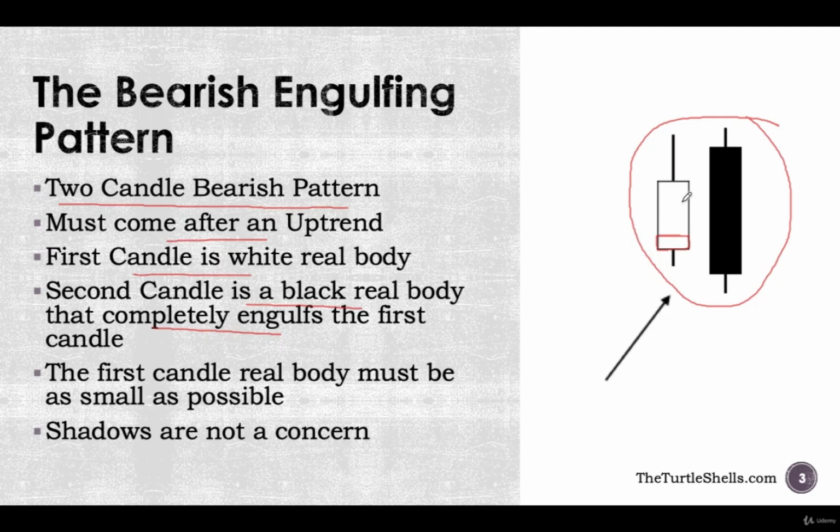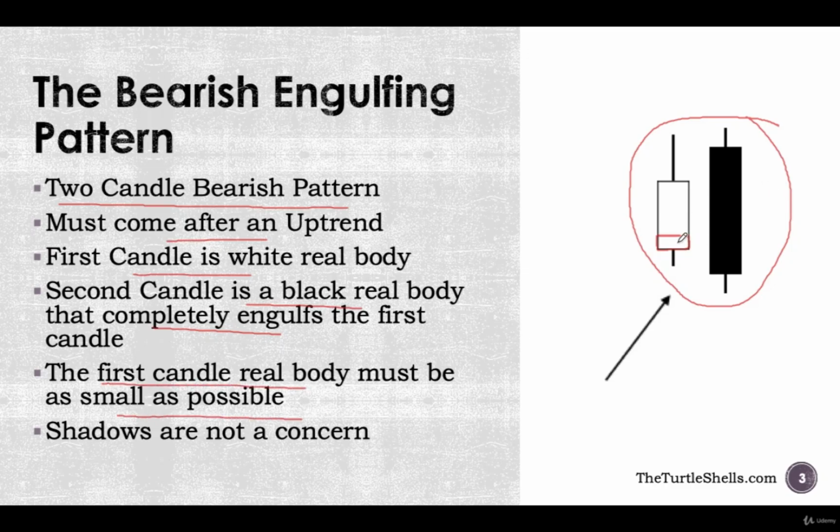But even if it's a tall white real body engulfed by an even taller black real body, that's again a very powerful bearish engulfing pattern, because on one hand you see huge bullish momentum, on the other hand you see a complete shift in psychology. Okay, so the first candle real body must be as small as possible.